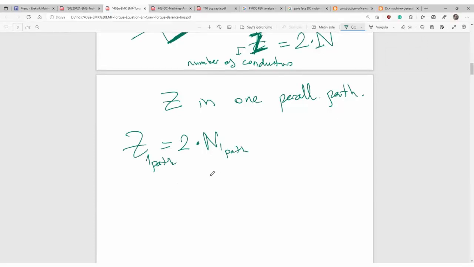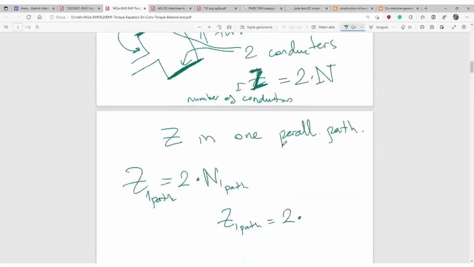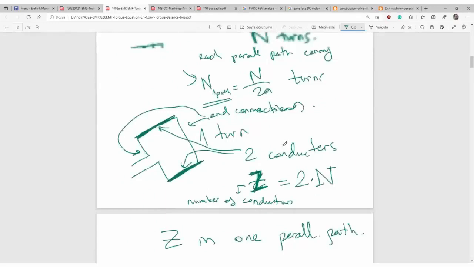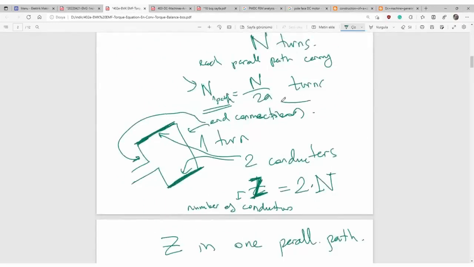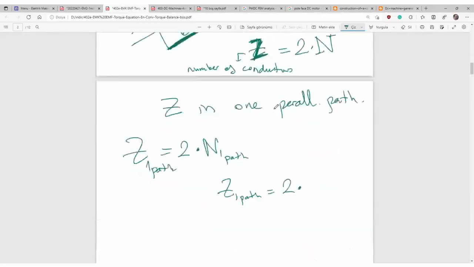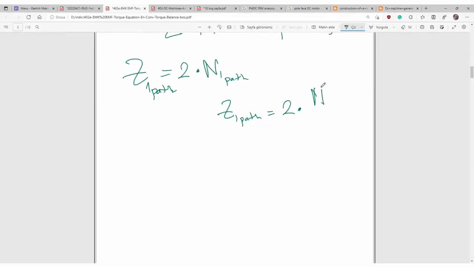So it can be written as Z one path is equal to 2 times N one path. And one path is the total N divided by the total number of parallel paths, total number of conductors divided by total number of parallel paths.